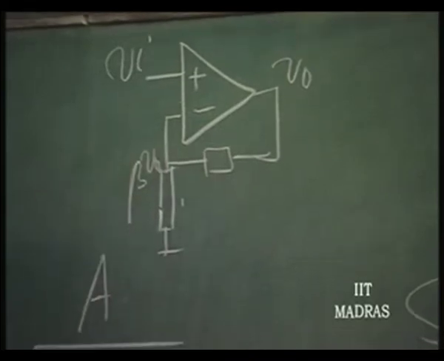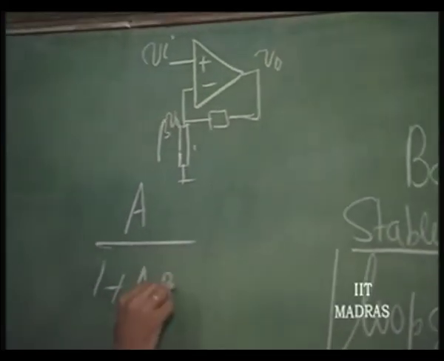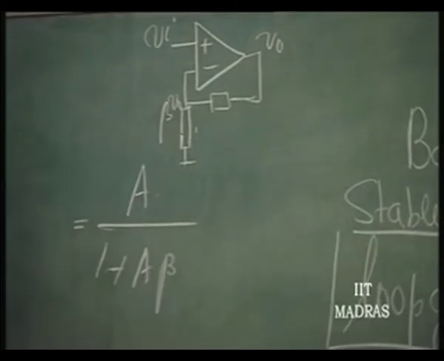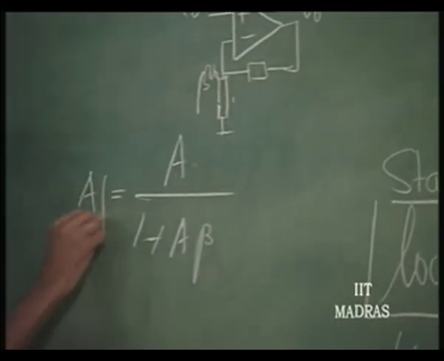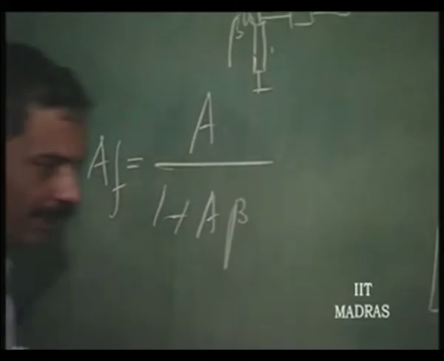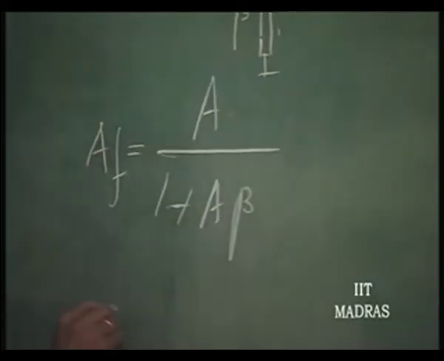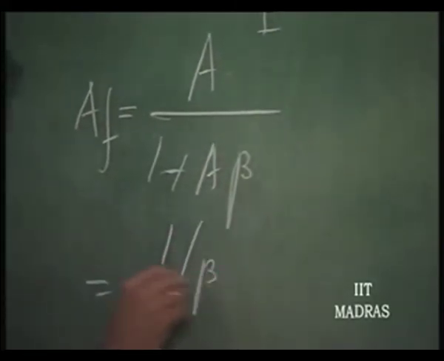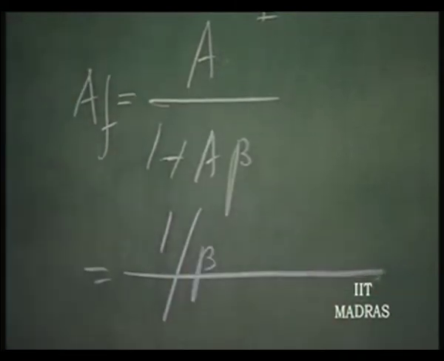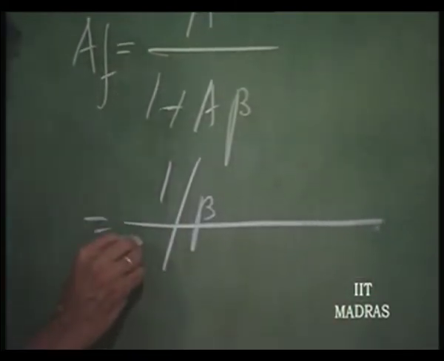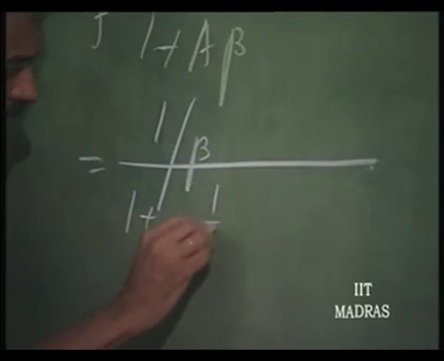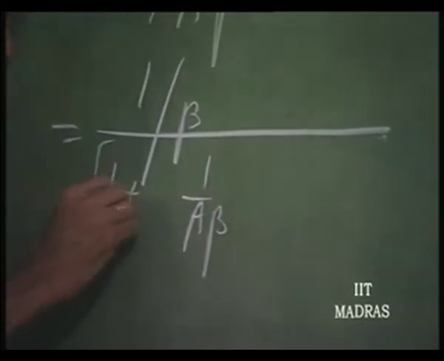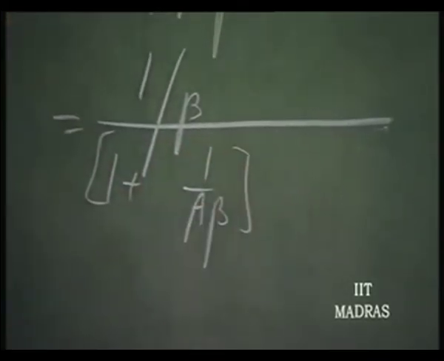A by 1 plus A beta, this is the amplifier gain with feedback, or this is equal to 1 over beta divided by 1 plus 1 over A beta, just like last time.